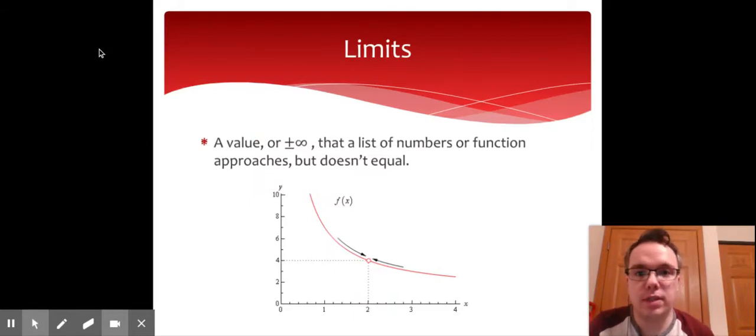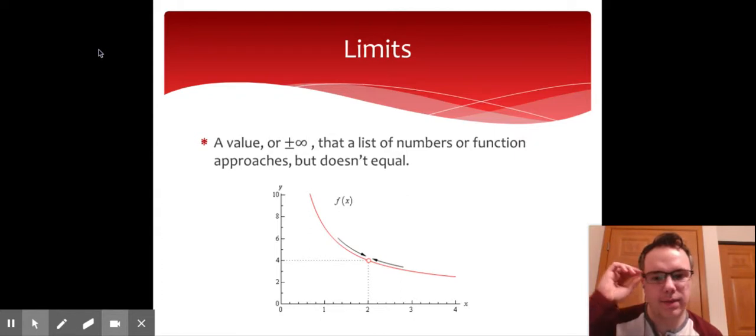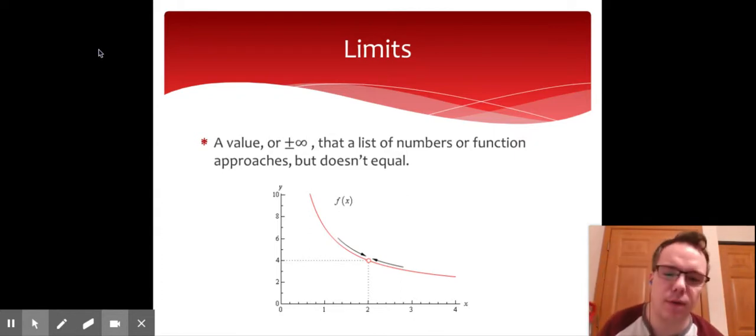So for this first slide, you might want to pause the video so you can write it down and sketch the graph. So a limit is just a value that a function approaches but doesn't really equal.